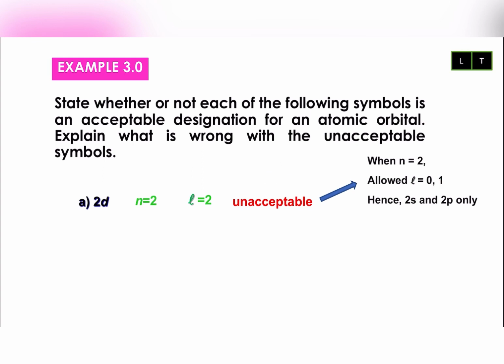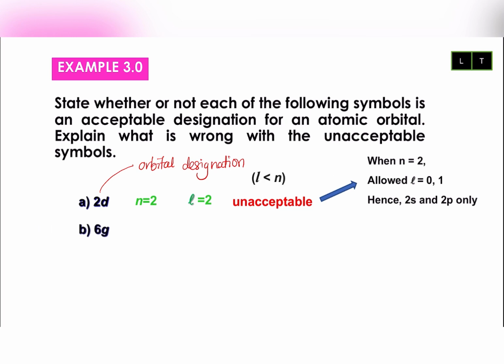Hence, you will have only 2s and 2p orbitals for the second energy level. There is no 2d at all. That is how you explain whether the orbital designation is acceptable or not. Let's go to the second example.